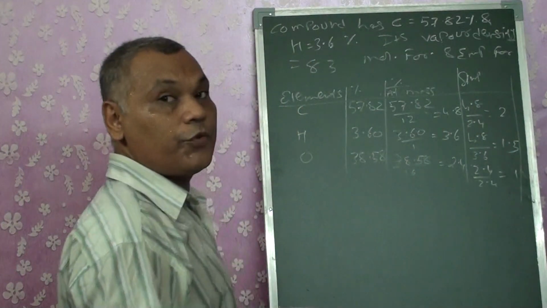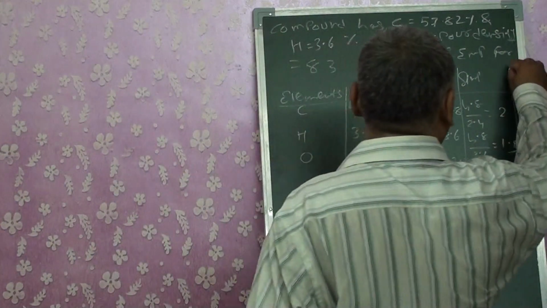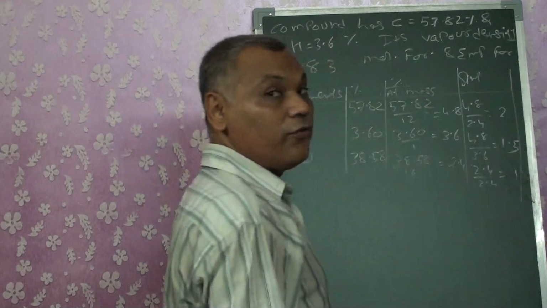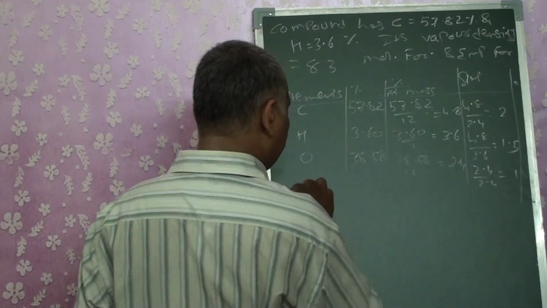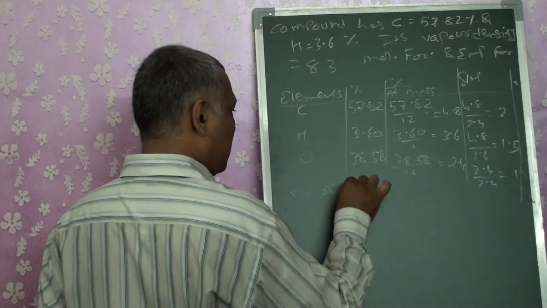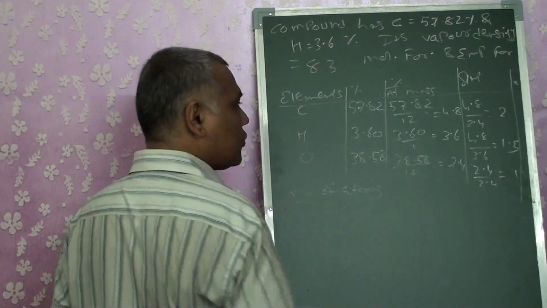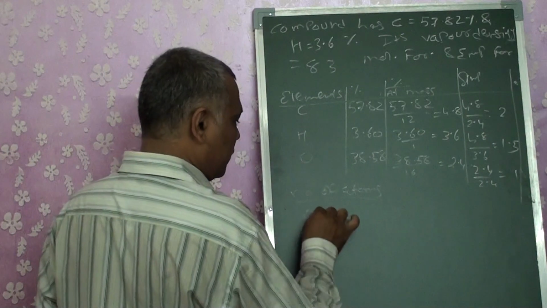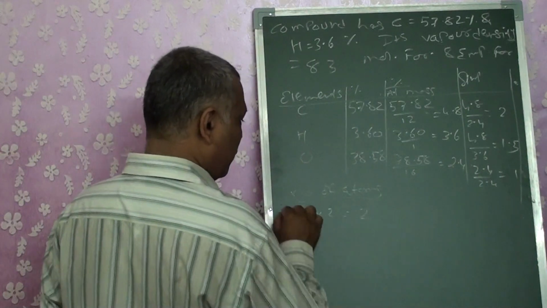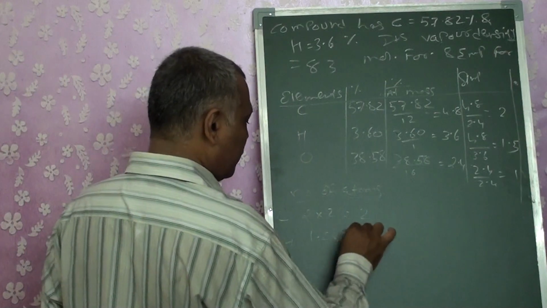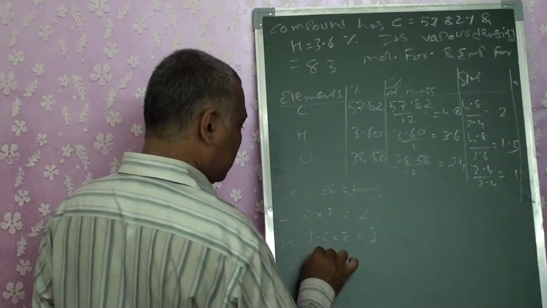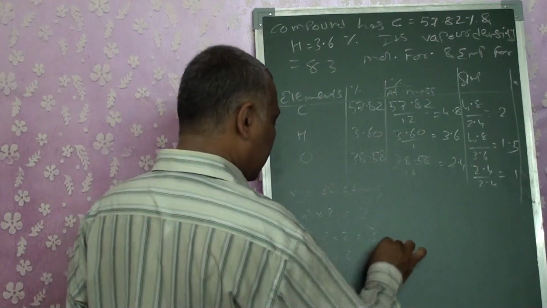When we are going to get the number of atoms, we can't have atoms in fraction. So the number of atoms will be 2 into 2 for carbon, for hydrogen 1.5 into 2 and for oxygen 1 into 2, that is 2.